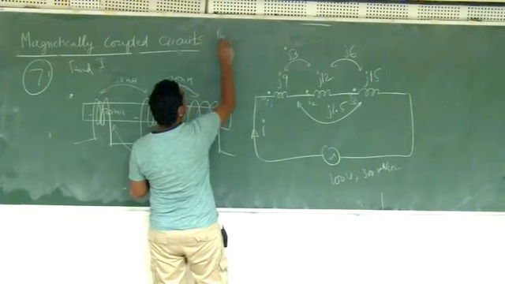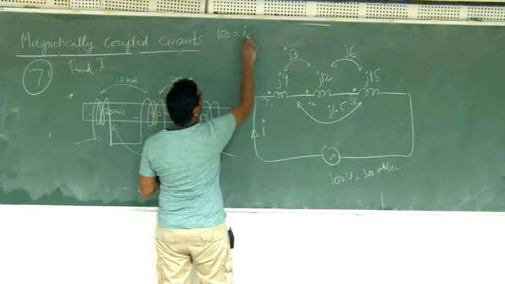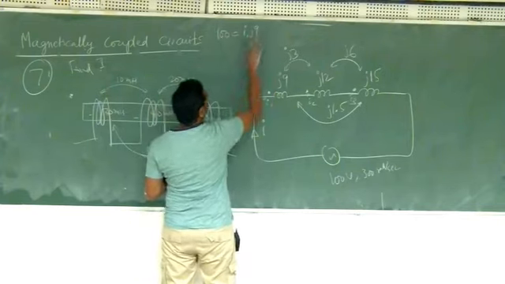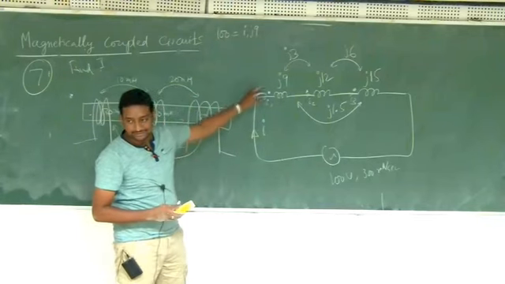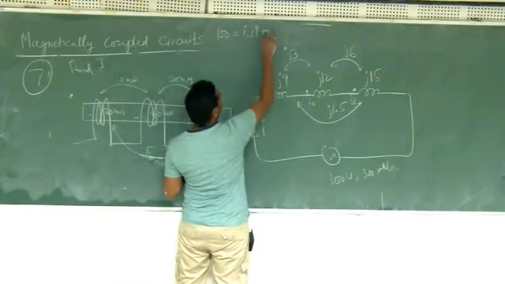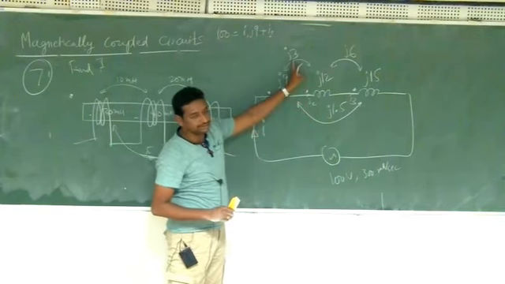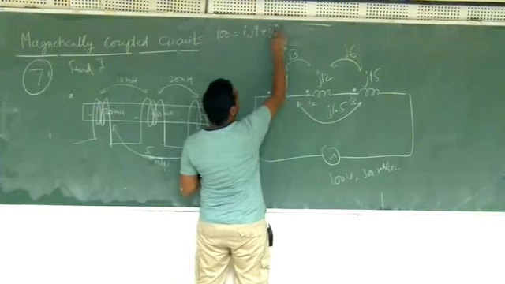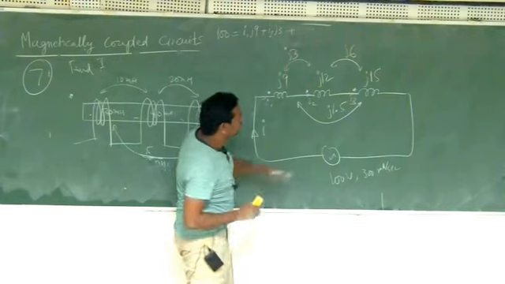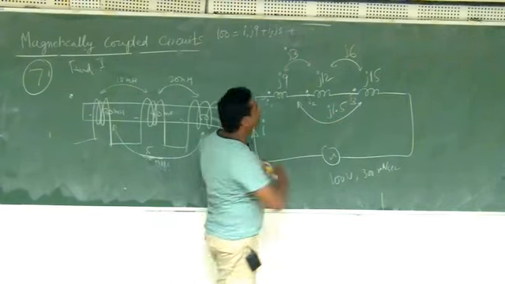So 100 equal to I1 into J9, I1 flowing in J9, plus I2 into J3, plus I3 into J1.5.